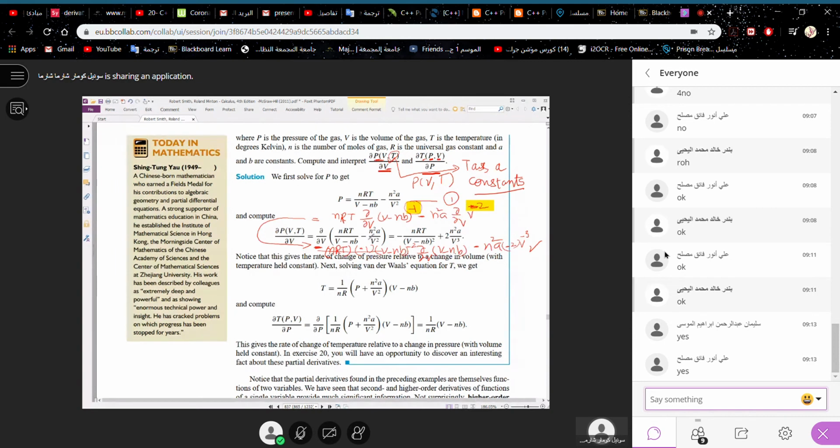So this is minus nRT over (V minus nb) whole square, plus 2 n square a upon V cube. This is minus 3, and this is minus, so minus minus becomes plus, so this is 2 n square a upon V cube. All right.